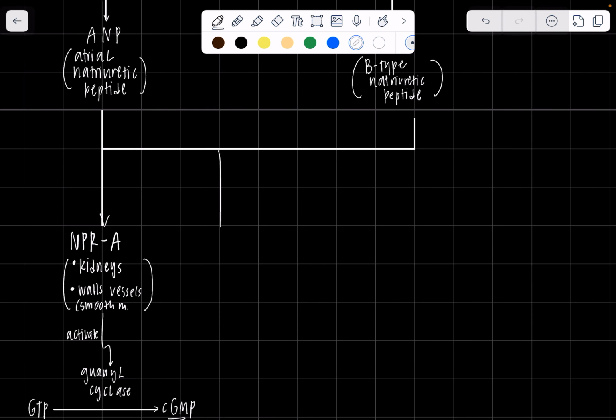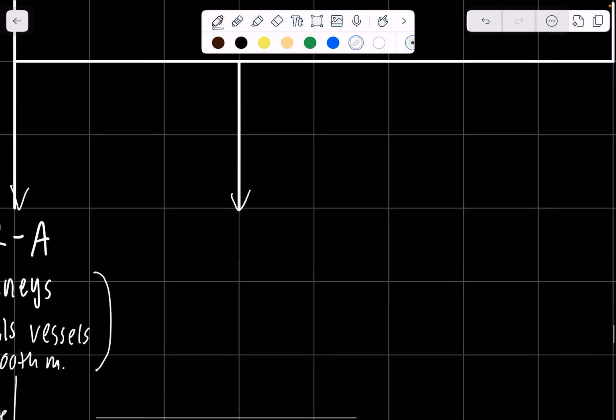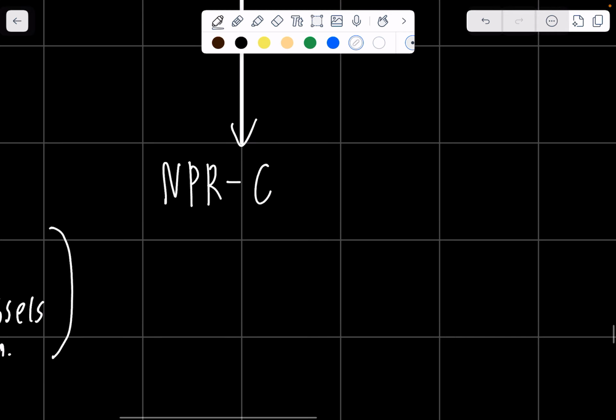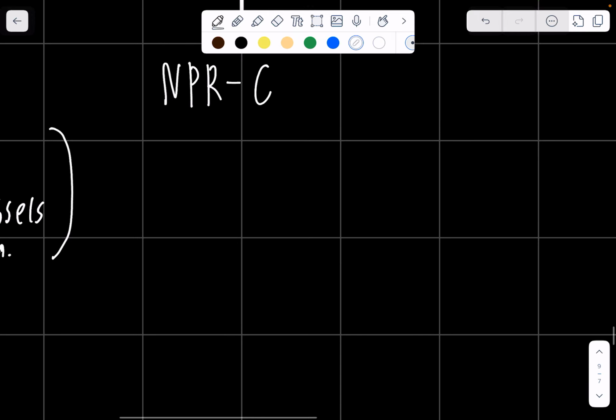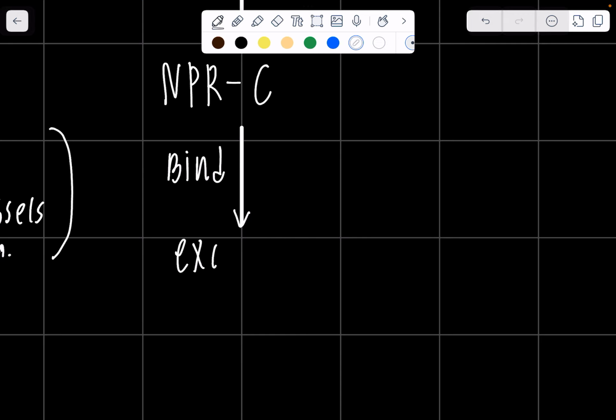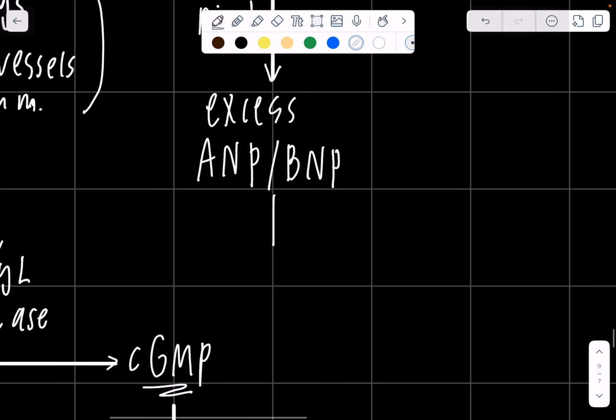Taking this to the next step, ANP and BNP continue to act on a few different receptors. Another cool receptor that they work on is named similarly, and it's called NPRC. NPRC is pretty simple. It will bind to our excess ANP and BNP and help degrade them.